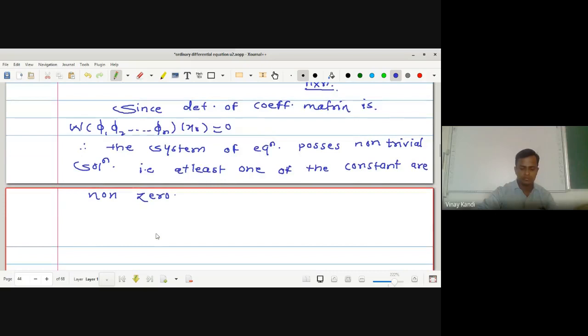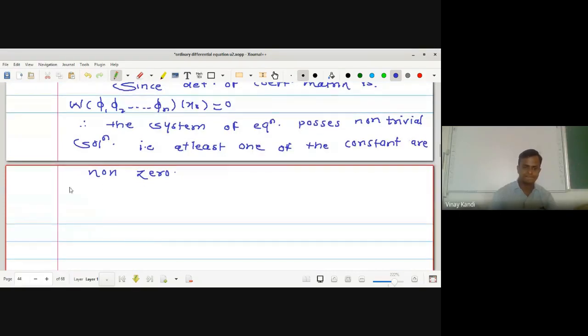Okay, let Ci, write in brackets, Ci is not equal to 0 for some i.